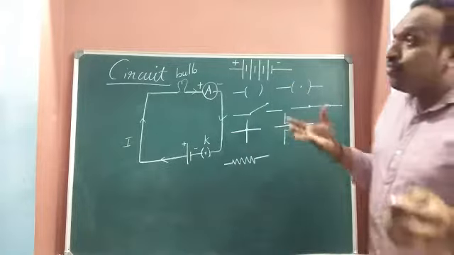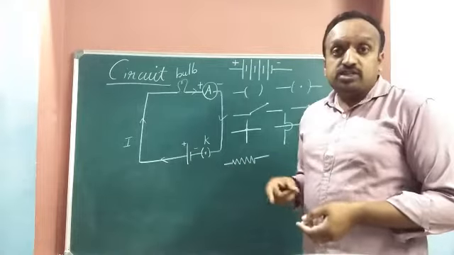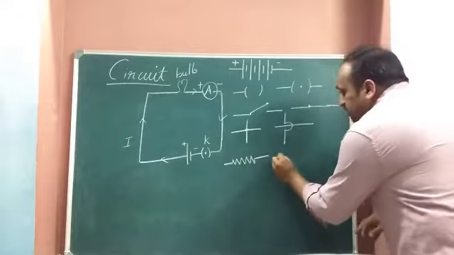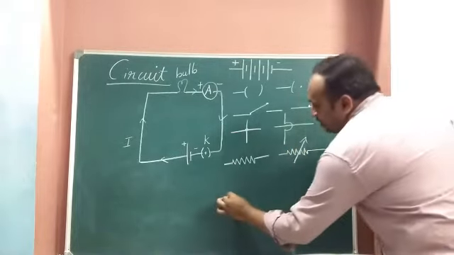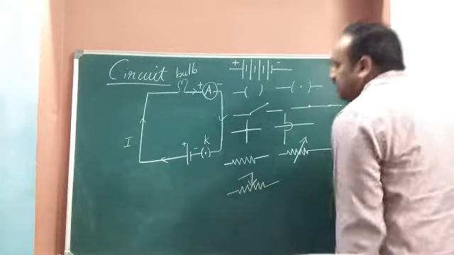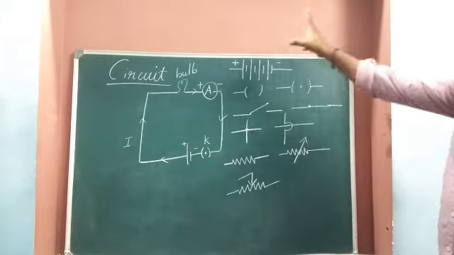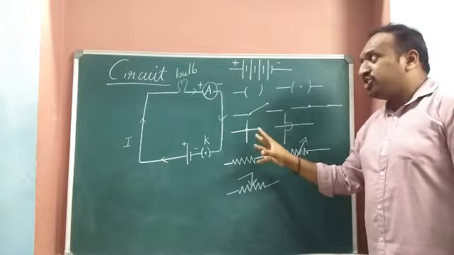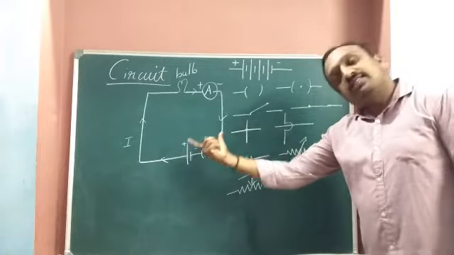If I want to vary the resistance in a single circuit, then I will use the device called a rheostat. So the symbol of a rheostat will be like this, or we can also write like this. These are all the very basic components that we are going to use in a simple electrical circuit.